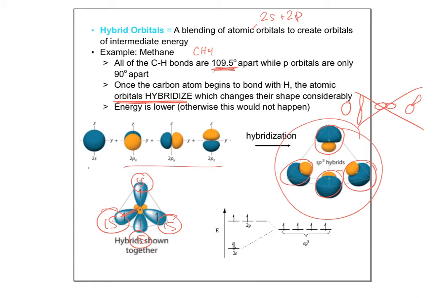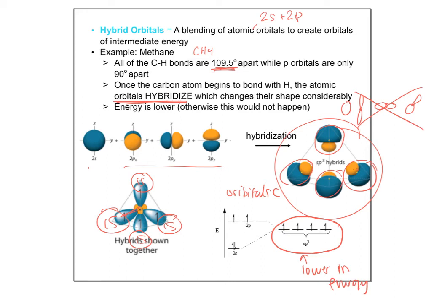What's interesting is now we have these 4 identical bonds, but look at the energy. Here's carbon separate, just the orbitals of carbon separated, 2s2, 2p2. When we get this new hybridized orbital, we give it a new name, we call it sp3. Notice that this is lower in energy than the 2p orbital.